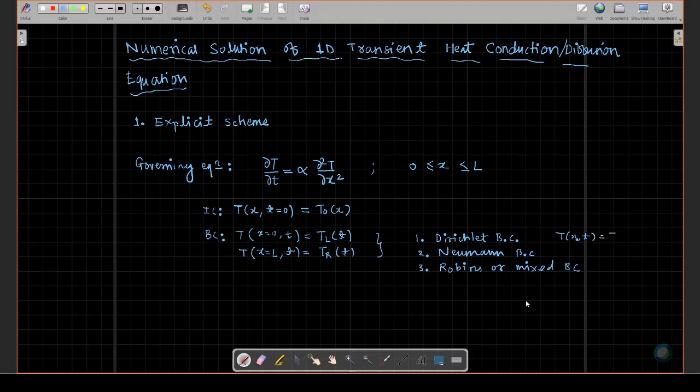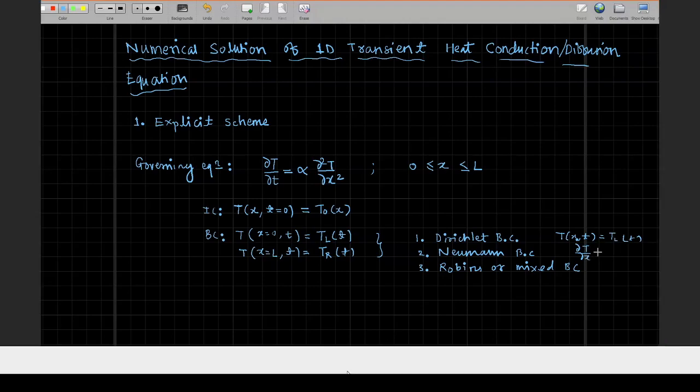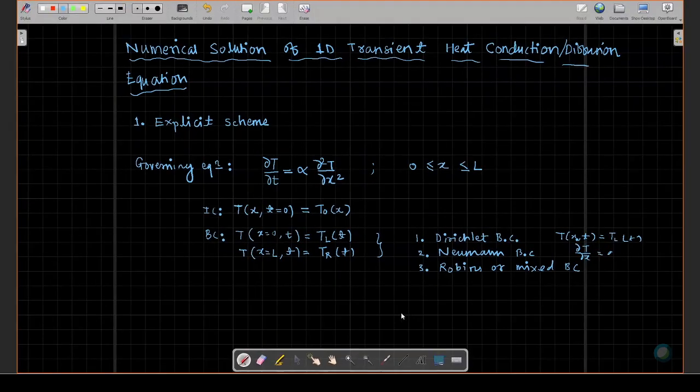Okay, so suppose T L as a function of time. Suppose you specify the derivative, okay, with k, for example, negative k, then in that case it becomes a Neumann boundary condition.